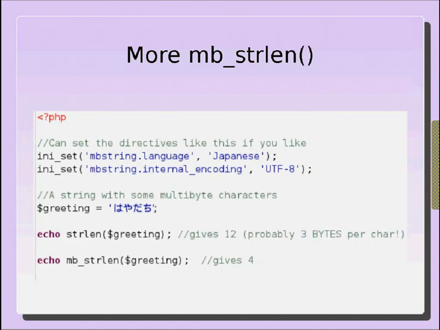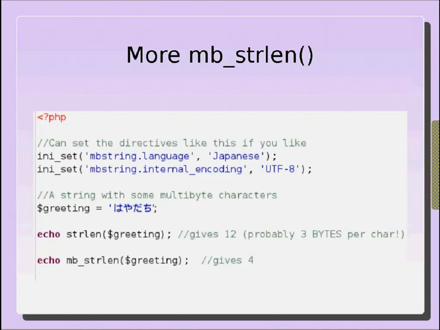Okay, we're looking at the same function again here, MB string length. Another snippet. We've set the natural language here to be Japanese, which is one of the allowed settings for that directive. Again, we're on UTF-8, and then we have a greeting string here, which is actually a Japanese piece of text. So let's have a look at string length.